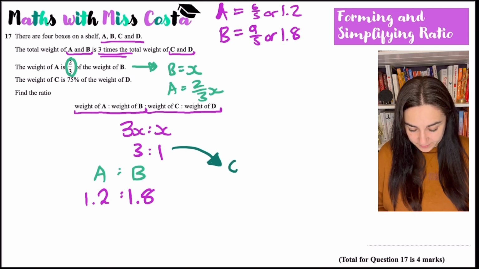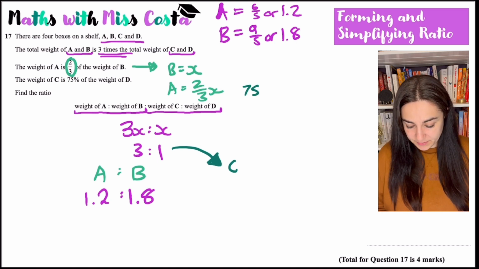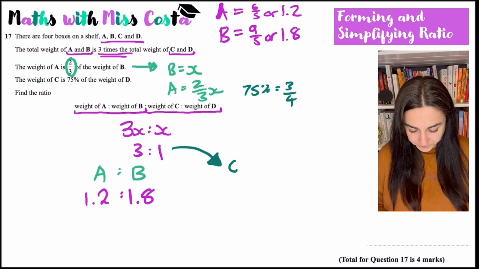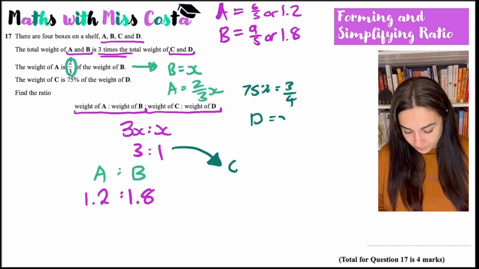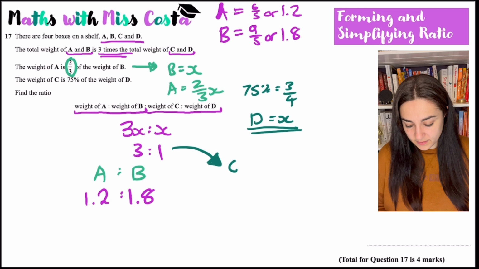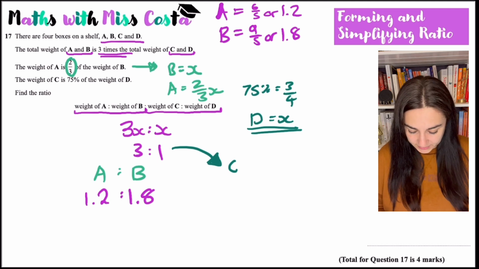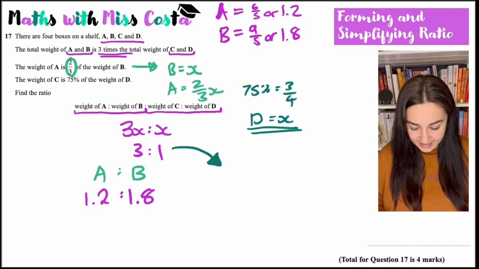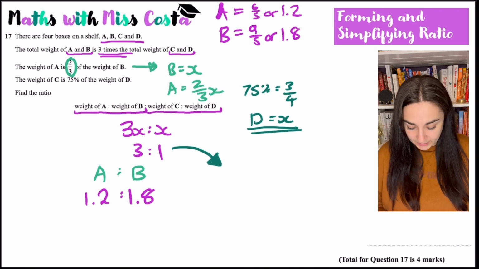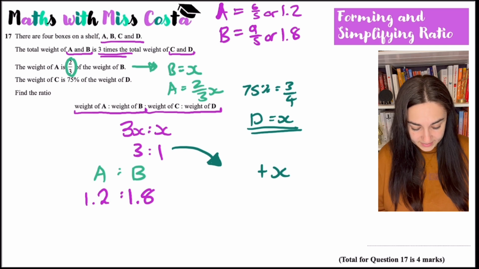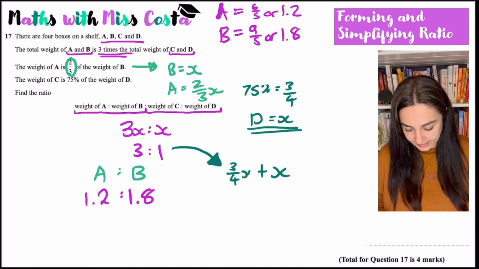I know that the weight of C is 75% the weight of D. So therefore 75% I can write as 3/4. So if I give my value of D an algebraic form, I'm just going to call D X because that's the value that I'm working with that I know as a whole. So if D is X, then C would be 3/4 X.